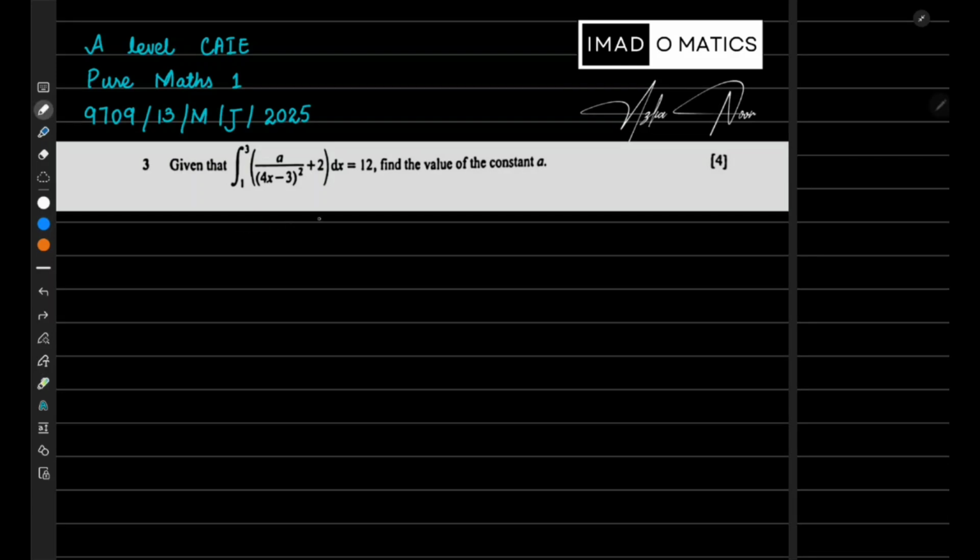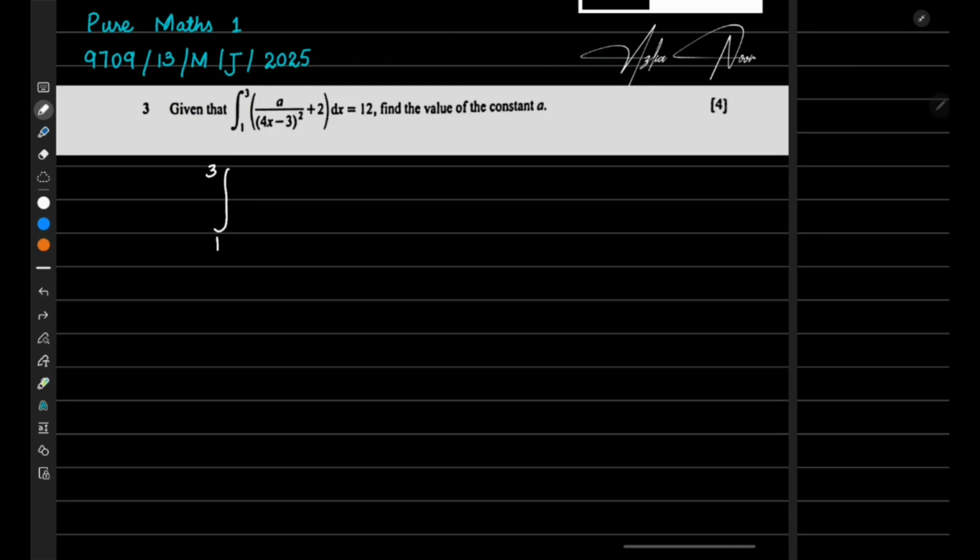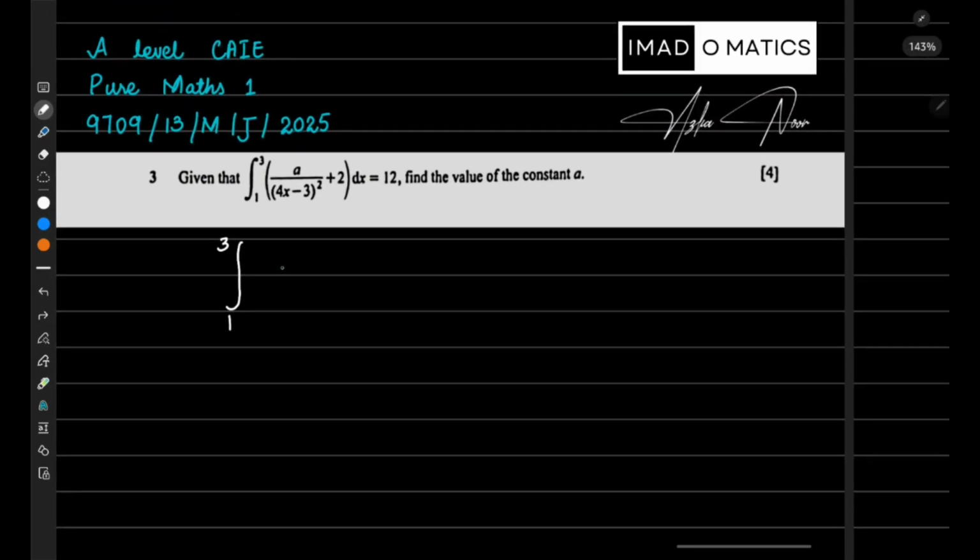From 1 to 3. First, we have to integrate this. And to integrate this, it is not in the correct format because the expression of x is in the denominator. So first we have to shift that into the numerator. As I discussed in the previous question also, if anything is in the denominator for differentiation or integration with a power, when we shift it into the numerator, the sign of the power changes.